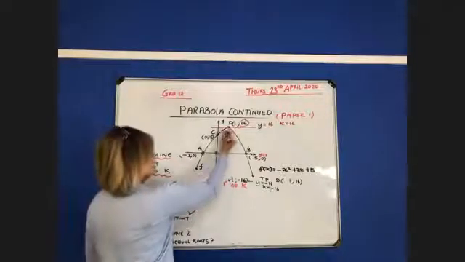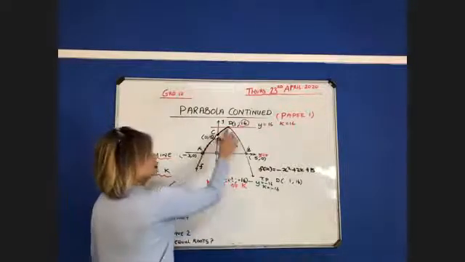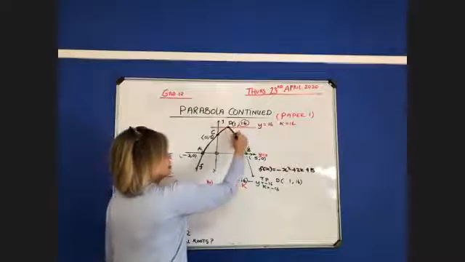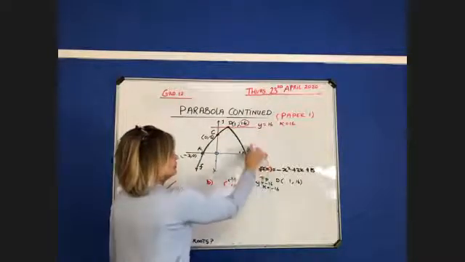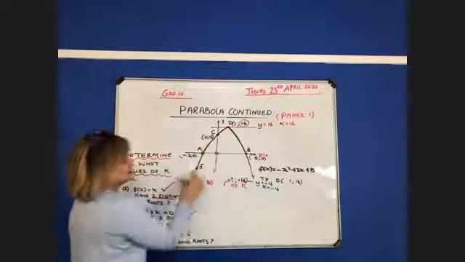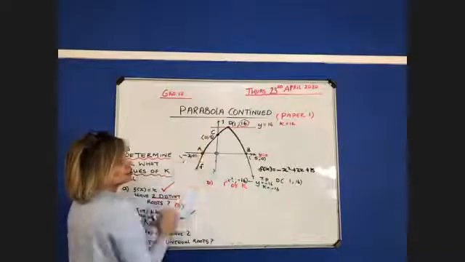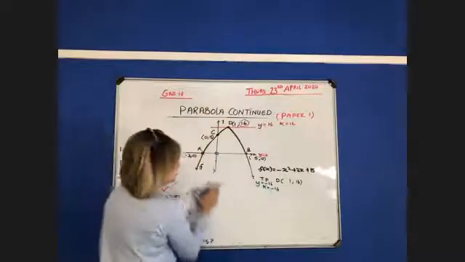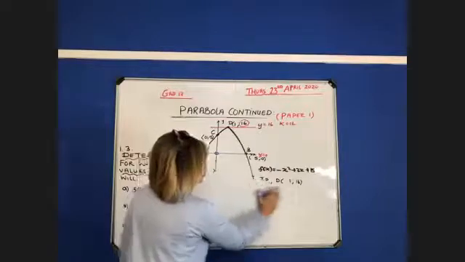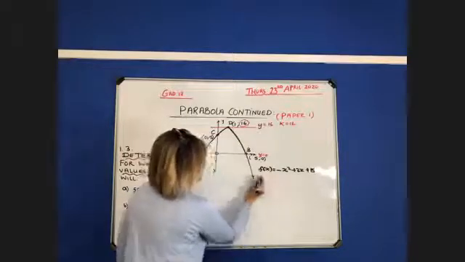So you can see here's the original parabola with the turning point 1 and 16, the 2 roots, 5 and 0, and the minus 3 0, and the y-intercept 0 and 15, okay? So this is still going back to the graph f.